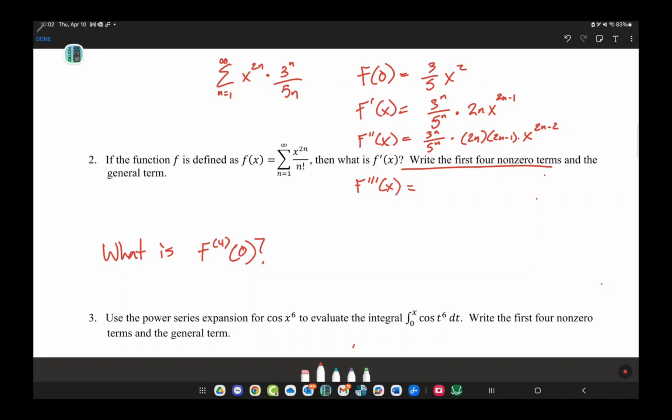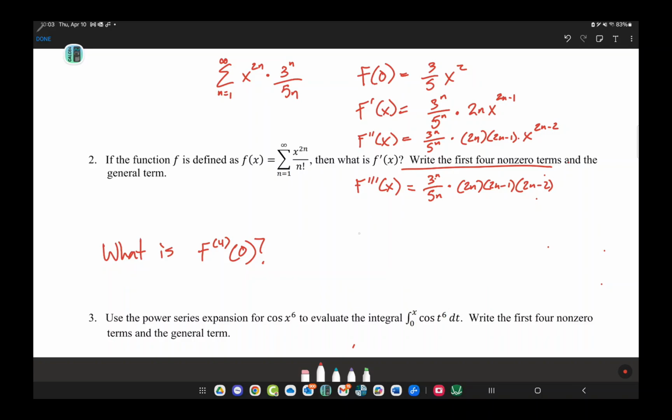It's the next one. You keep going, right? So 2n times 2n minus 1 times 2n minus 2. Does this look any familiar to you? There it is.